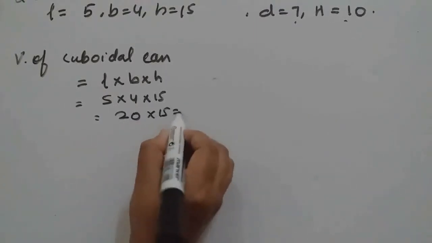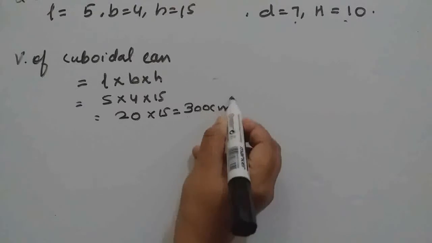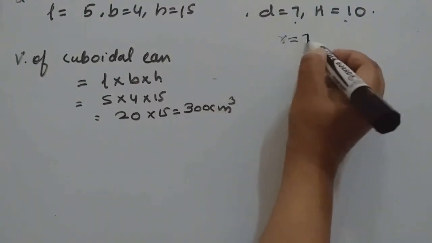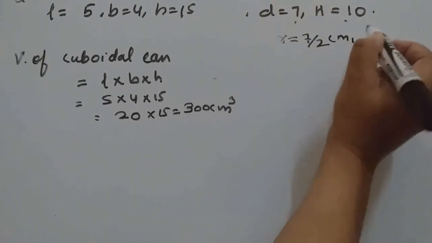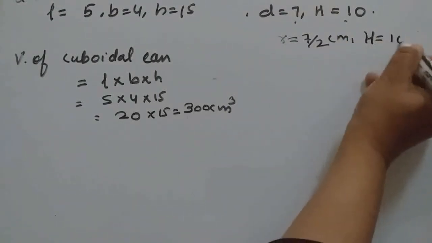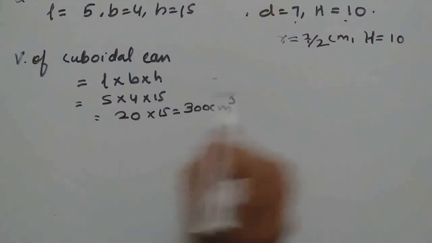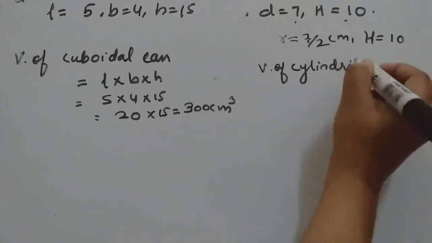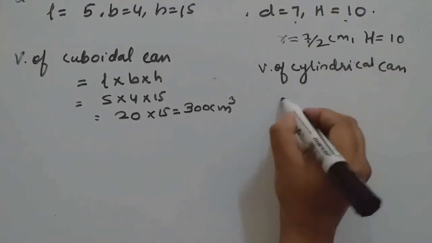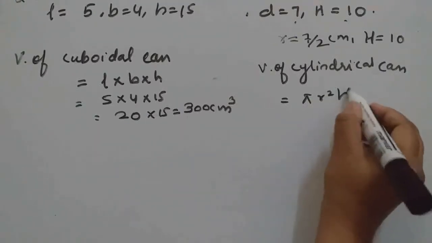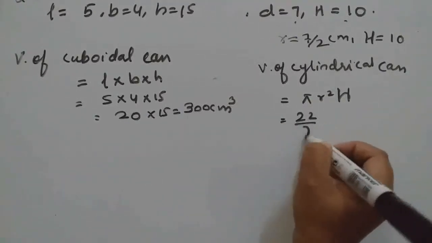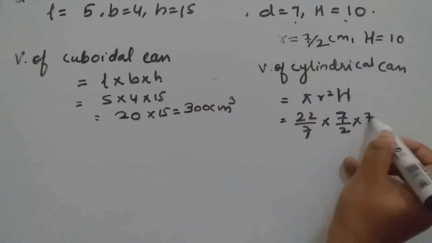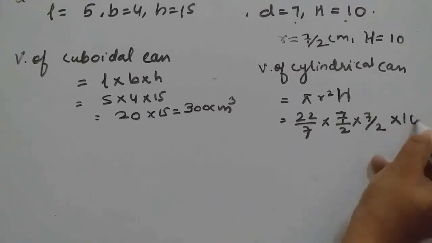20 into 15 will give 300 centimeter cube. Now for the cylinder, D is given, so R we will find 7 by 2 centimeter, and here I am representing capital H because already I used H for the cuboidal height. So volume of cylindrical can will be pi r square H. So 22 by 7, r is 7 by 2, so 7 by 2 into 7 by 2 into 10.